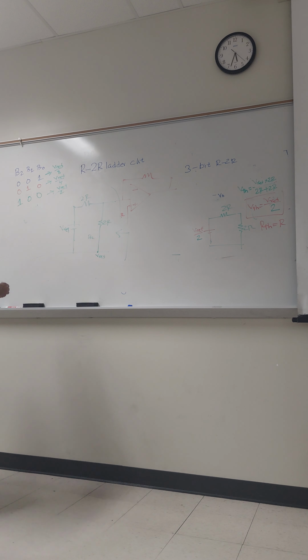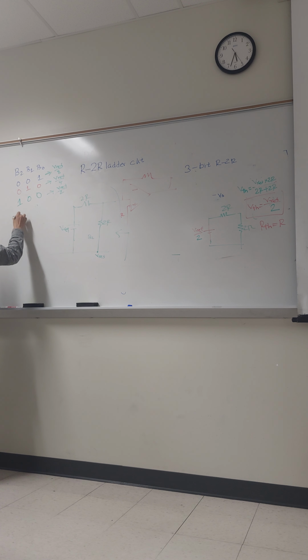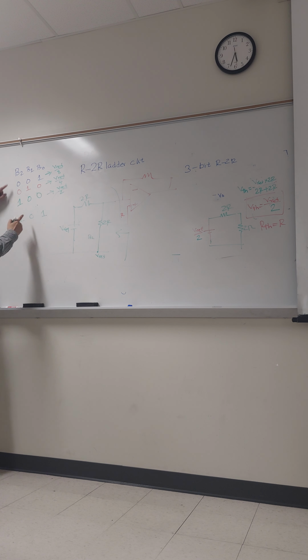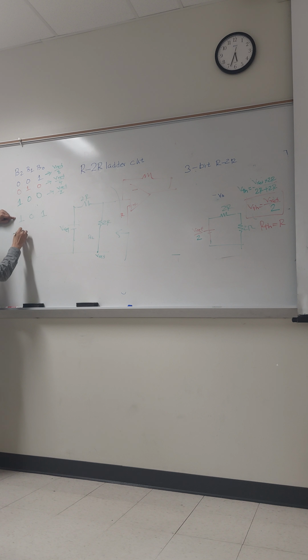So for example, if we have 1, 0, 1, where the first 1 is the MSB and the last 1 is the LSB, it will be V reference by 2 plus 0 plus V reference by 8. Right? How much will it be? 5 by 8.